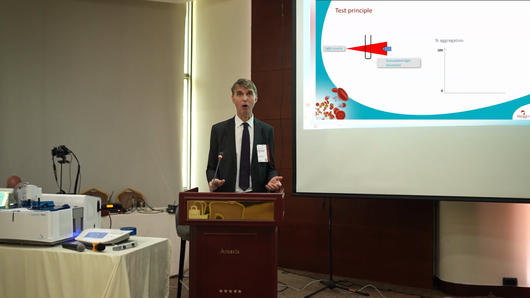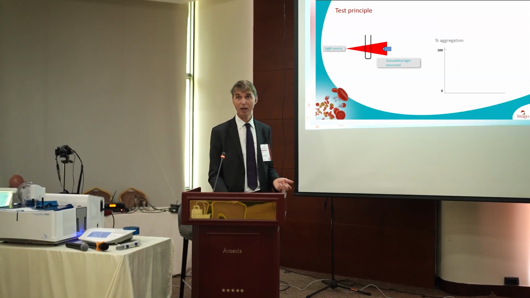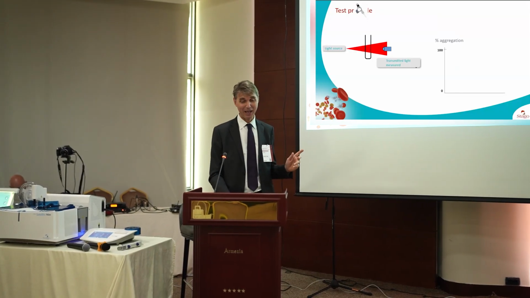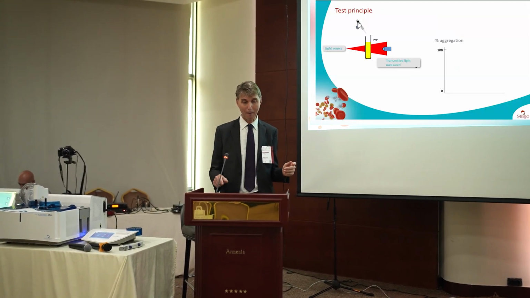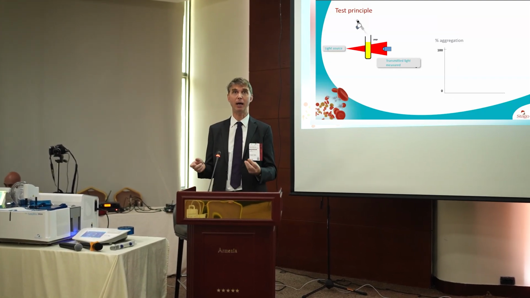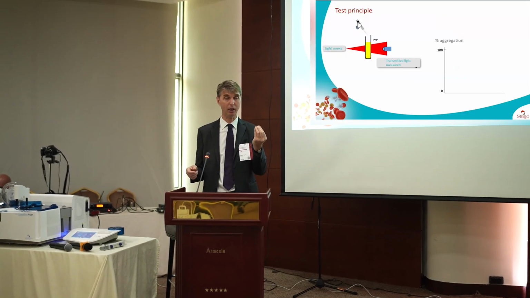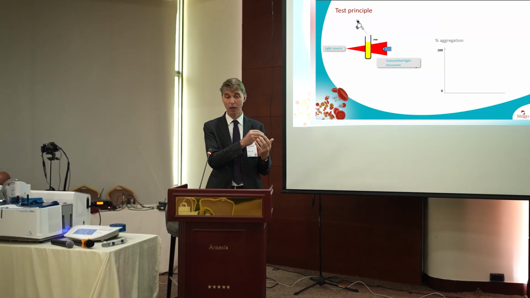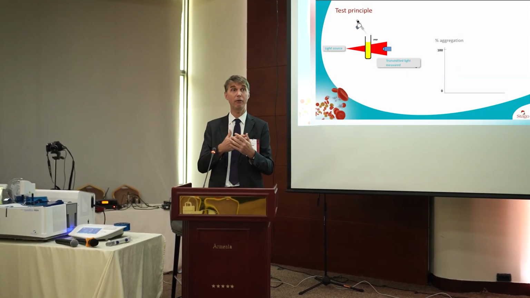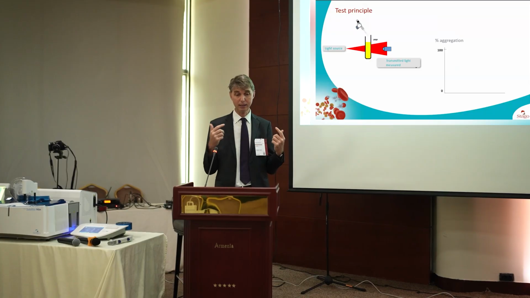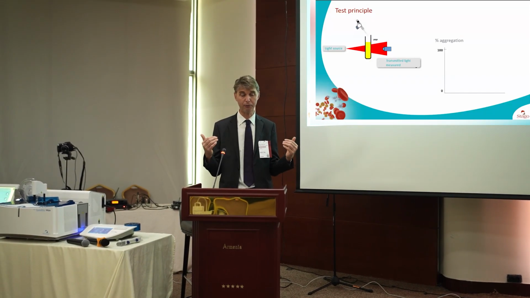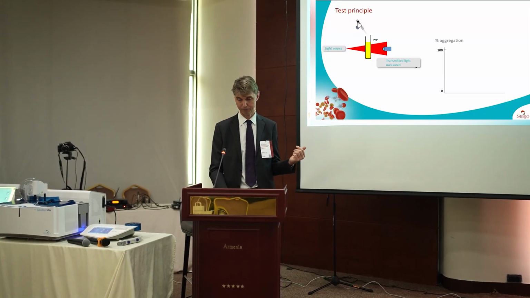What is the principle of light transmission aggregometry? It is actually much easier than what you can think. The principle is that you take a PPP, platelet-poor plasma. Platelet-poor plasma is quite limpid, okay? So the optical signal, the transmitted measurement, is very good. So this platelet-poor plasma will give us the value of 100% of transmitted light.